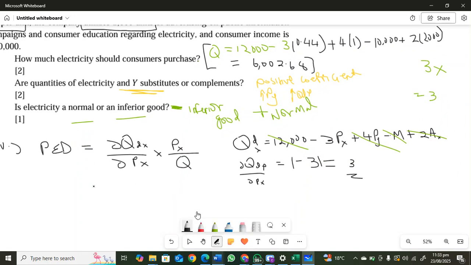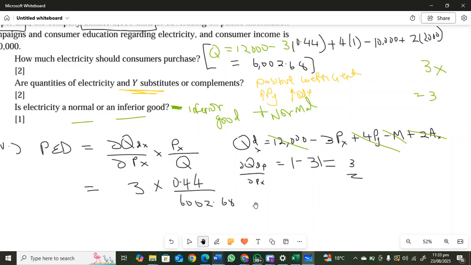Then we come back to our formula here. So we substitute this with 3. Price of good X, 0.44, over quantity demanded, which was 6,002.68.